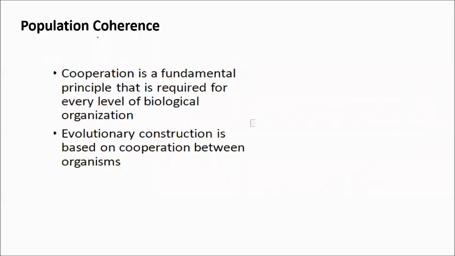familiarize, know what is population coherence. So in population coherence, cooperation is a fundamental principle that is required for every level of biological organization. Cooperation is required. Evolutionary construction is based on cooperation between organisms.